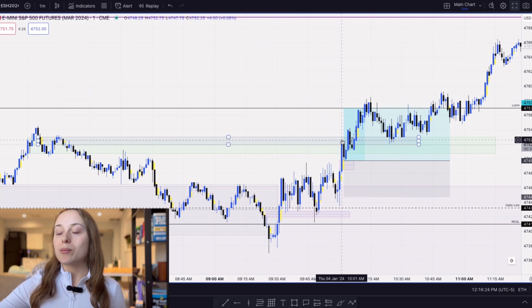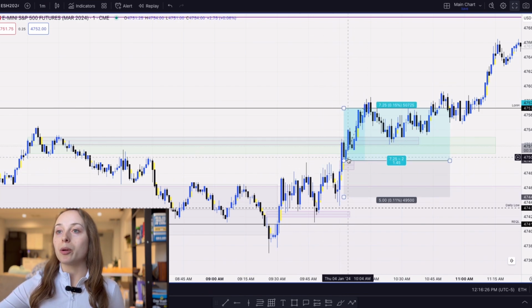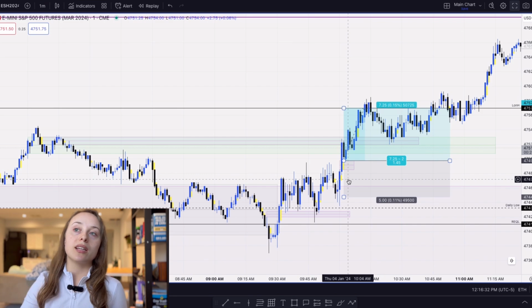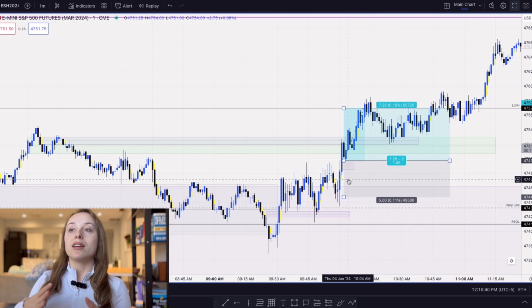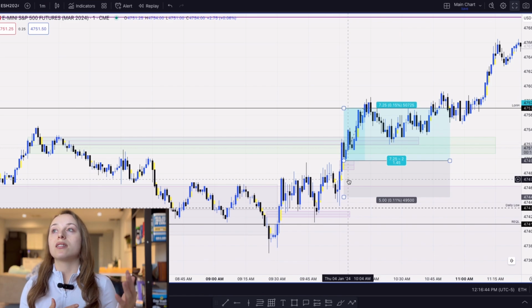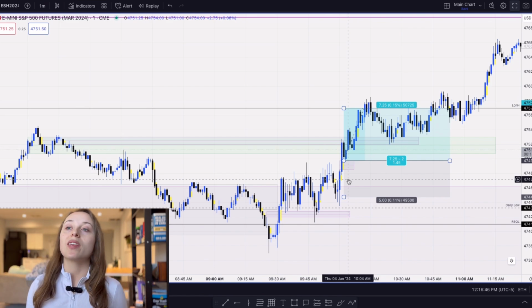So when this displacement occurred and this 1-minute fair value gap occurred, I got into the market at 10:03. So it was a really quick in and out. We had that displacement occurring on the DXY, and we were seeing higher prices on the NASDAQ as well. So seeing that throughout the charts and different pairs, we got in this trade and it worked out in our favor.